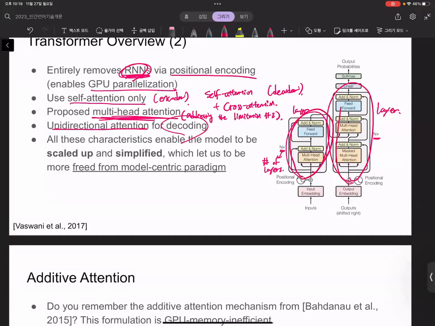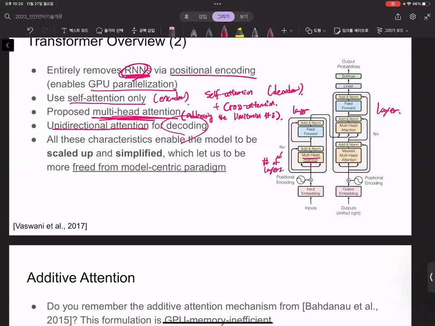And this one is also repeated N times. If we increase N, then the network will be bigger, that means the network is scaled up. The other way of scaling up the network is using more heads for attention.